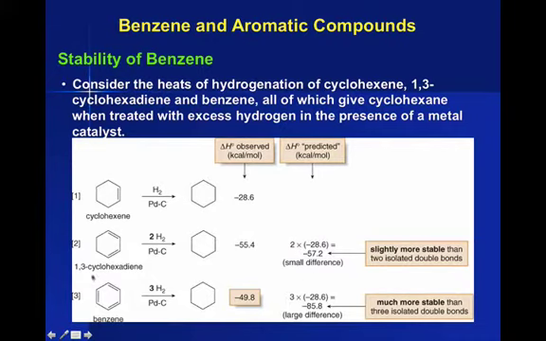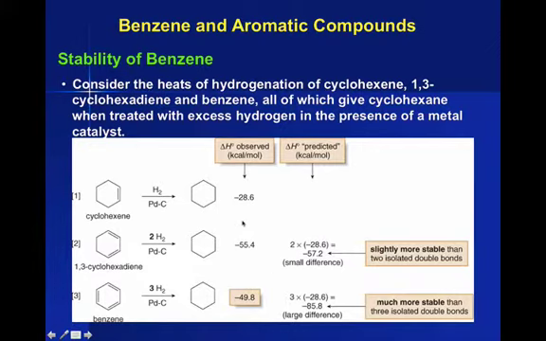However, if you look at benzene, we can think of it as three double bonds. We know that it's not really three isolated double bonds, but if we think of it as three isolated double bonds and we try to hydrogenate it, we find that we get just shy of 50 kilocalories per mole of heat being released.